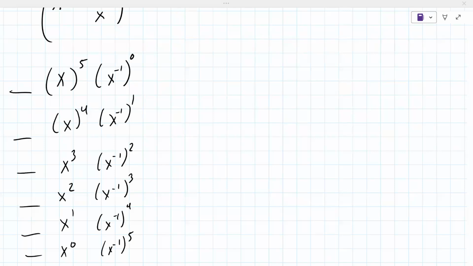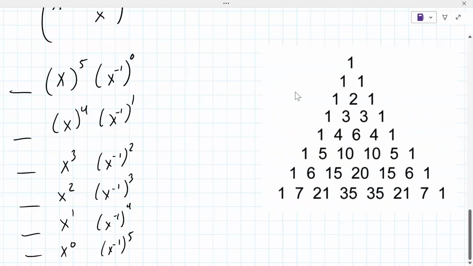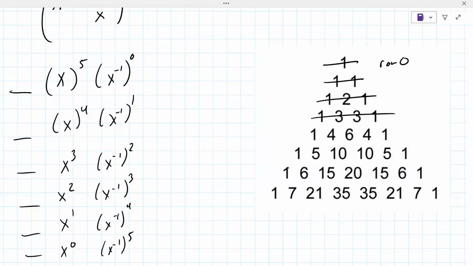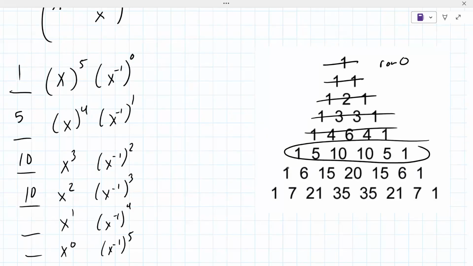It's okay if you don't fully understand this either. It will become clear when you see it again the second time. So row 0, this is always row 0, 1, 2, 3, 4, and then here's 5. So we got 1, 5, 10, 10, 5, and 1. This first one is x to the 5th.